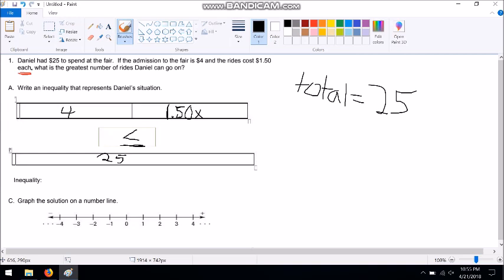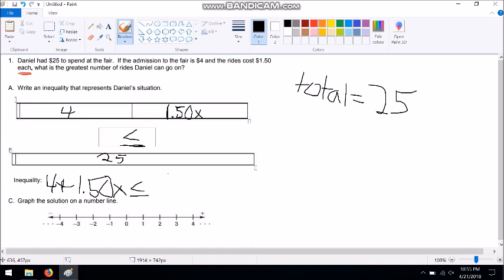So you need the less than pointing towards the x, the gator chomping the total, because that is the most money he can spend, and we have to solve for what x can be. So the inequality that we can write will be 4 plus 1.50x is less than or equal to 25.